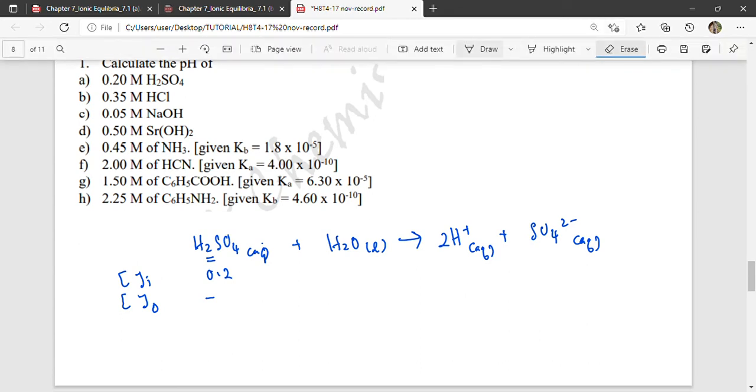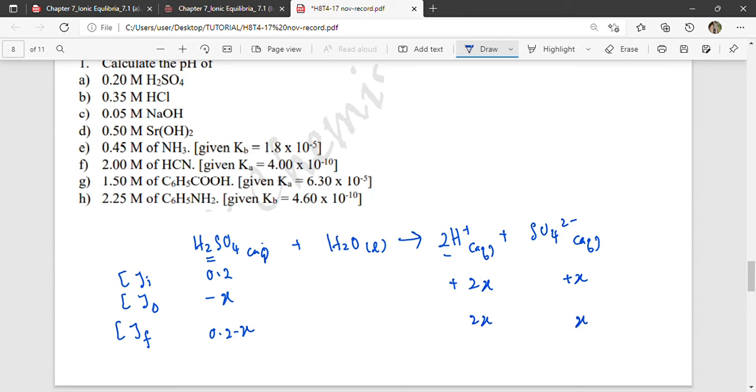I will show you one by one. So this one is minus X, this one is plus 2X, and sulfate is also plus X. So the final concentration will be 0.2 minus X, and this one is 2X and X.